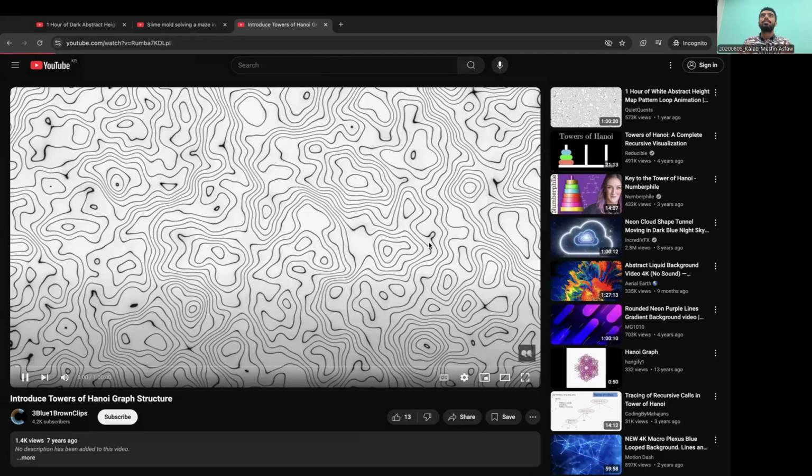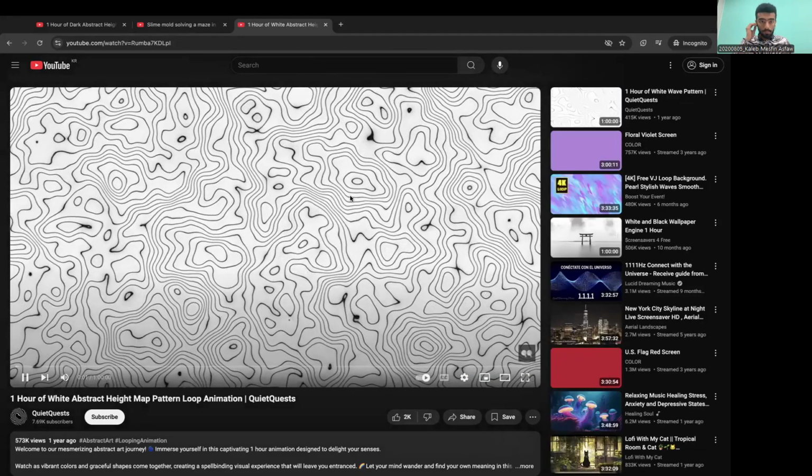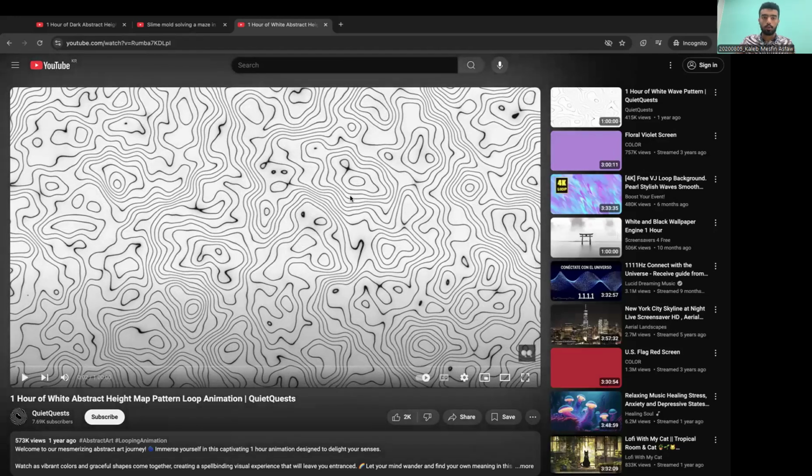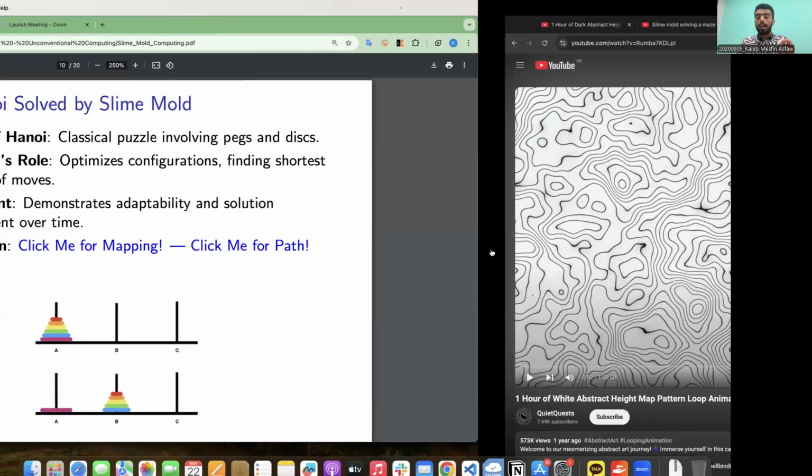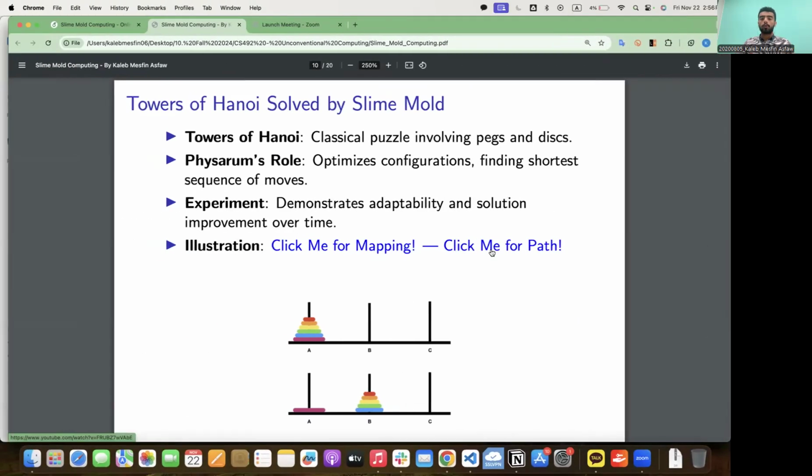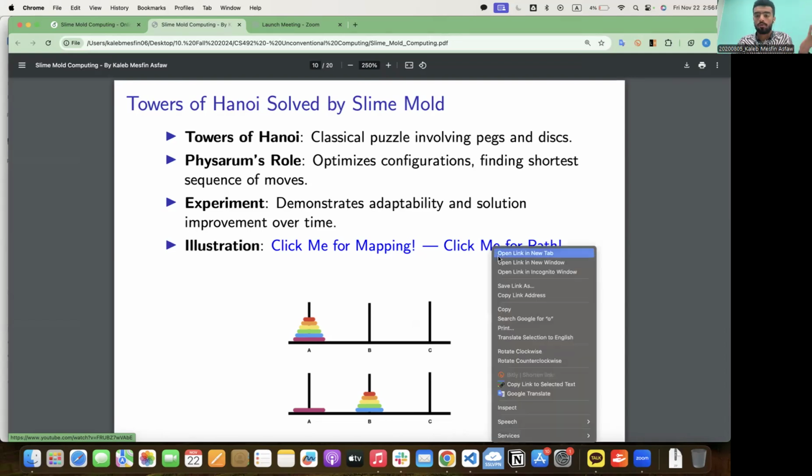So the solution is just to find an optimal set of paths, the shortest path possible to navigate the entire planar graph. That's it. Okay, now let's see. We learned how to map a Towers of Hanoi problem into a planar graph. Now let's see how to find the optimal path of this planar graph, which is the solution of the Towers of Hanoi problem.